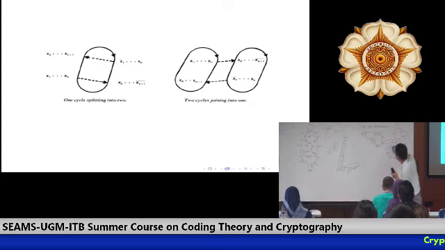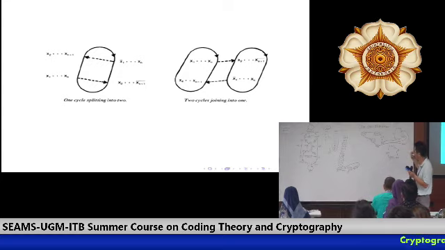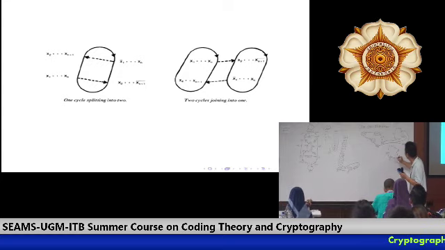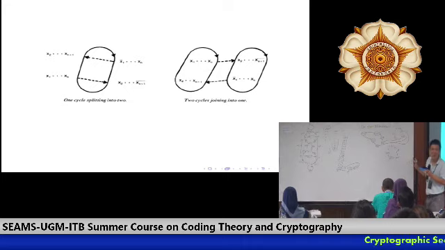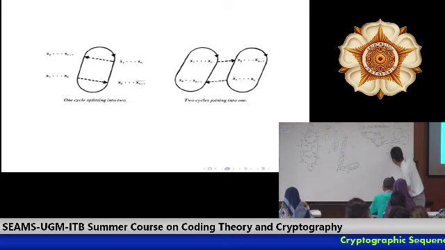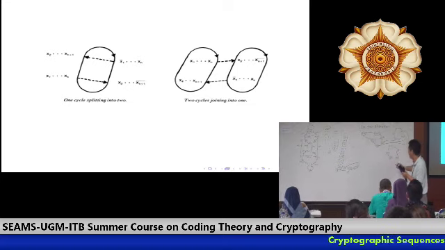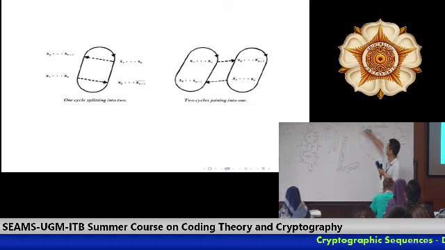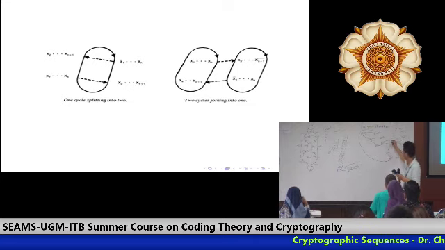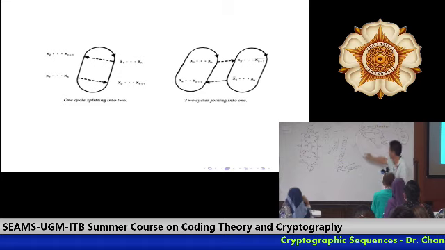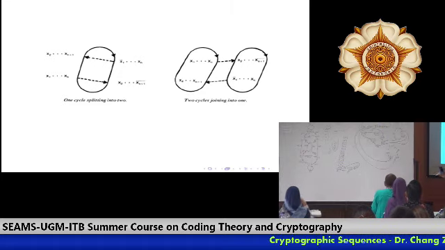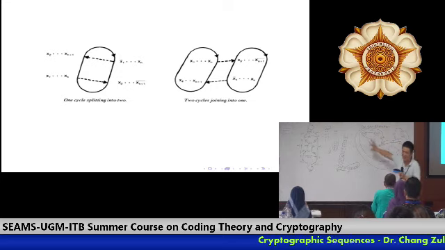This one is hard to draw the graph. This one and this one are conjugate. We change the successor. For this one we can connect this. And for this one, so at this time it's just one cycle.